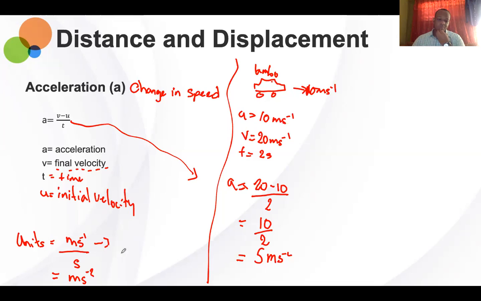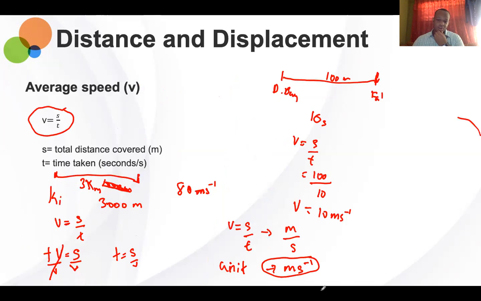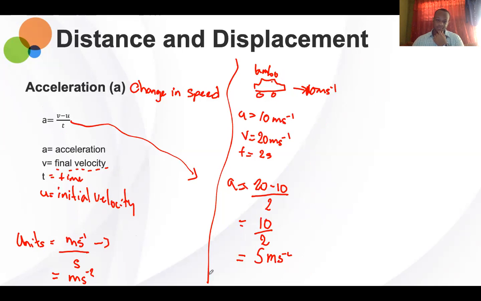If we simplify this down, remember our unit for velocity is m over s, right? So m over s is our velocity. This side is v, and then we have another second coming here.